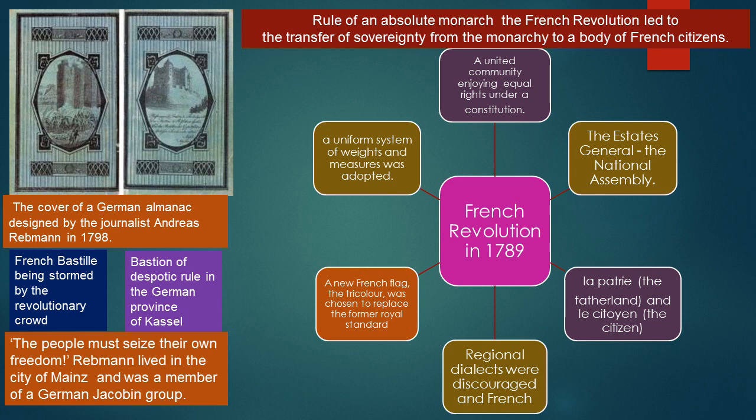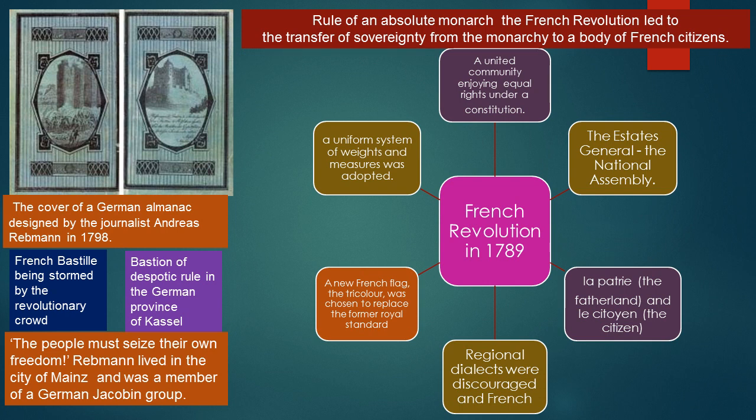Regional dialects were discouraged and French was taken as the language of the country. A new French flag, the tricolor, was chosen to replace the former royal standard, and a uniform system of weights and measures was adopted throughout the country.